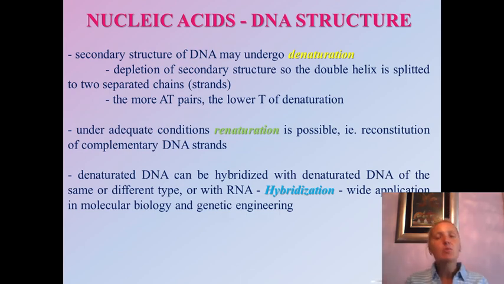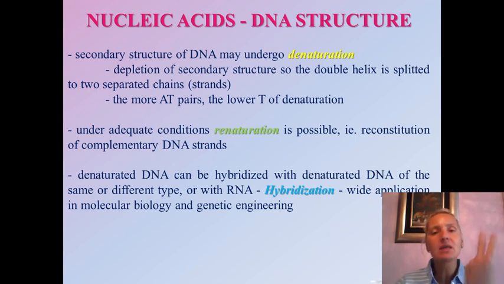And a couple of other terms. If you remember, we have mentioned that if a protein molecule is exposed to the effect of a certain factor, denaturation might occur, and also with the DNA molecule. So the secondary structure of the DNA molecule may undergo a denaturation process, which is described by the loss of the secondary structure.